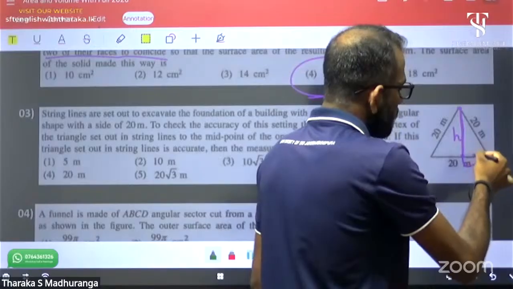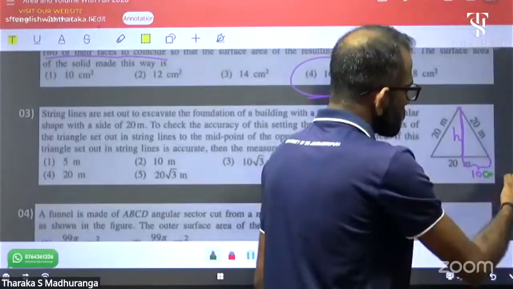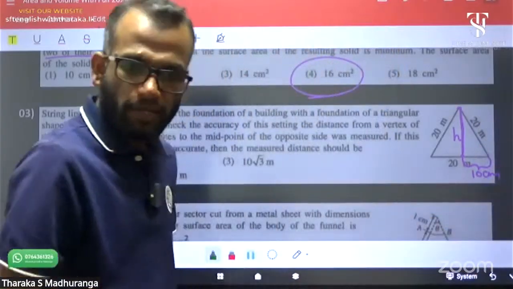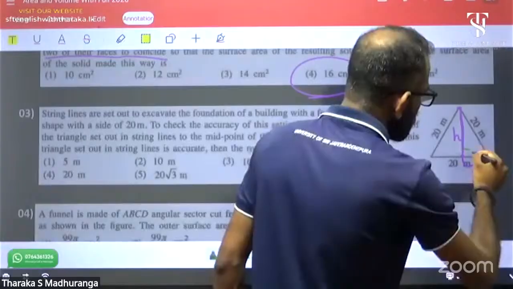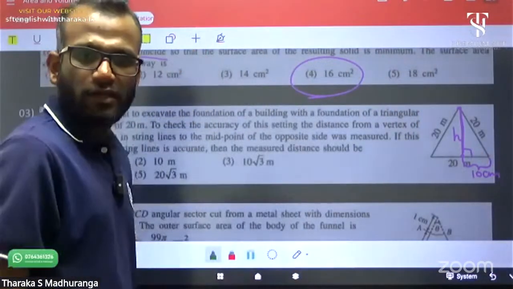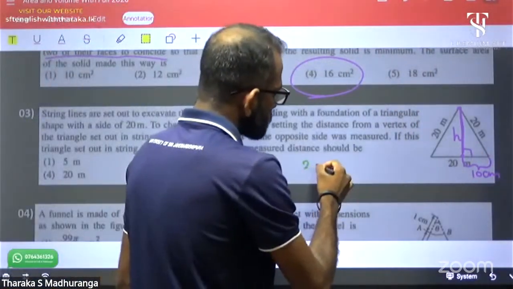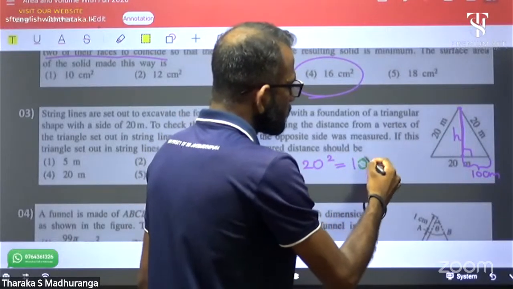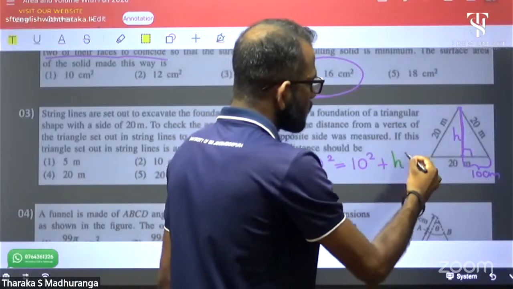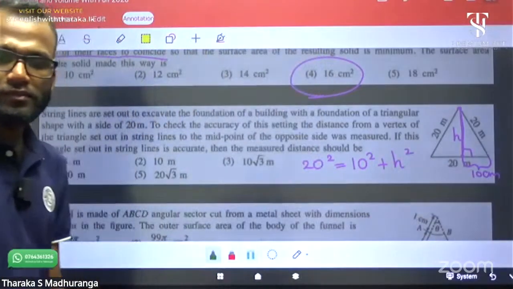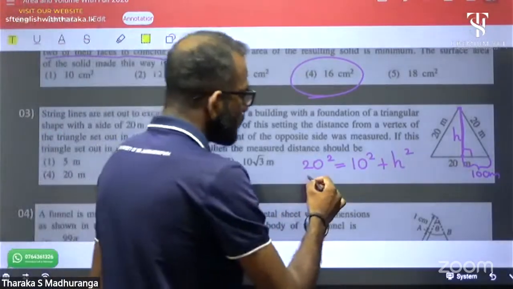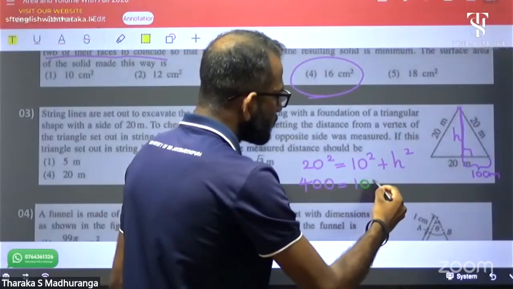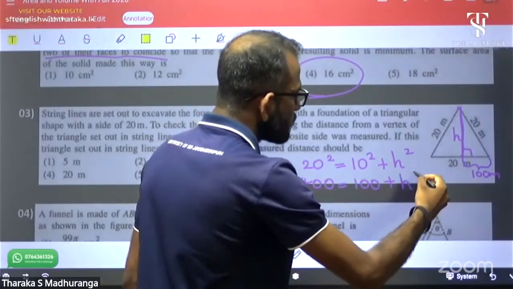Now this is the midpoint. Midpoint means this part is 10 meters. Now it is 10, 20. Hypotenuse side 20. It's a right angle triangle now. 20 squared equals 10 squared plus h squared. 20 squared is 400, 10 squared is 100, plus h squared.